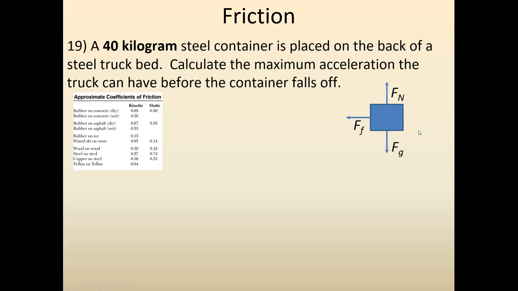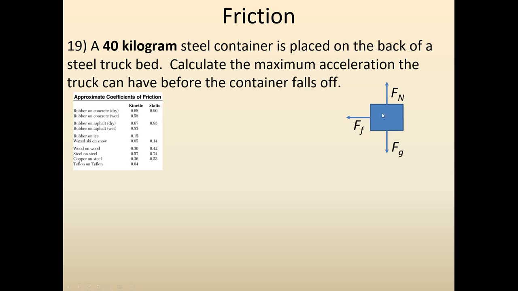But since the truck bed is moving underneath it to the left, relative to the truck bed, there's that term from Unit 1. Because the block is sliding relative to the truck bed, it's technically moving to the right. It has to move to the right along the truck bed in order to remain physically in the same spot. It almost sounds counterintuitive, but if you think about the difference between viewing what's going on from the ground level versus viewing it from inside the truck bed, it starts to make a little more sense.